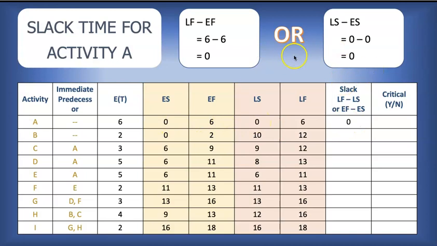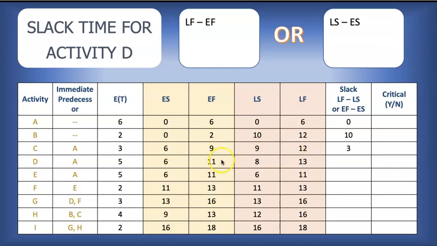It's good to do both calculations because if we made an error either in the forward pass or the backward pass, this should be able to pick it up for us. Alright, next, activity B. 12 minus 2, 10, or 10 minus 0, 10. Activity C, 12 minus 9, 3, or 9 minus 6, 3.